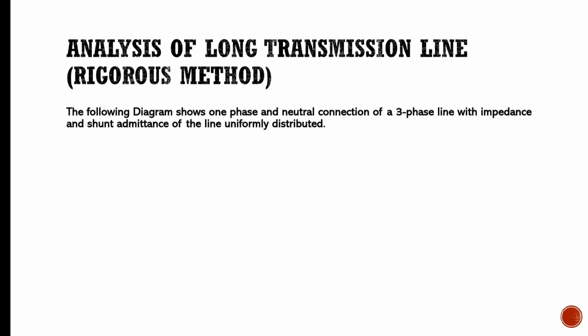For these lines, we use distributed parameters instead of lumped parameters, because to get more accuracy, since the line is so long, the parameters keep changing at every point. So in order to get accurate results, we use distributed parameters to calculate the performance.